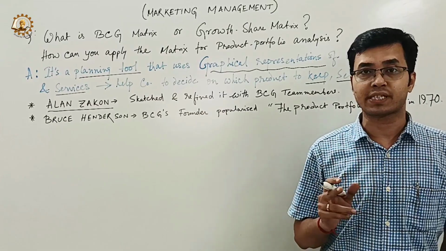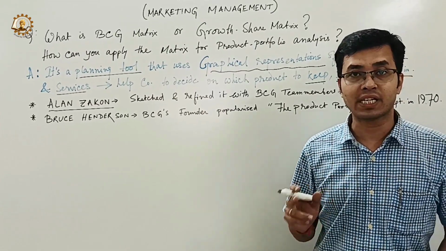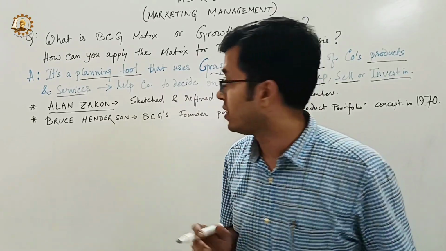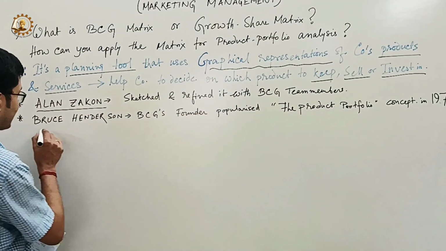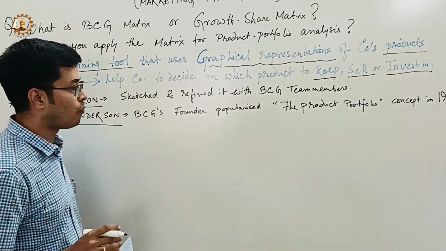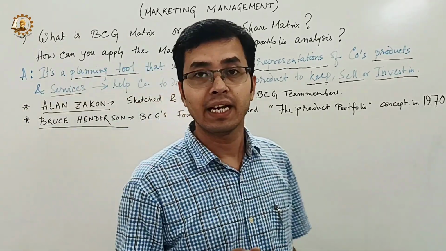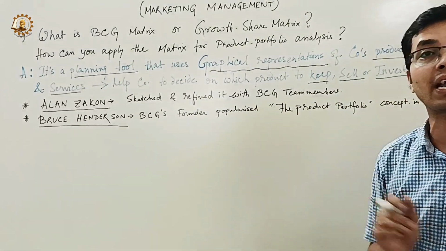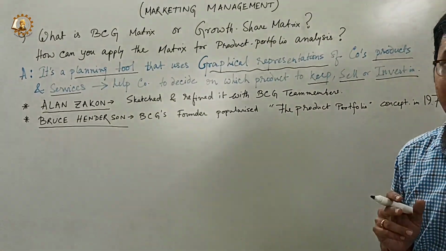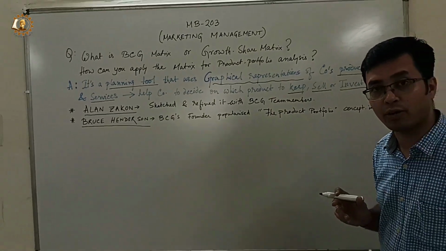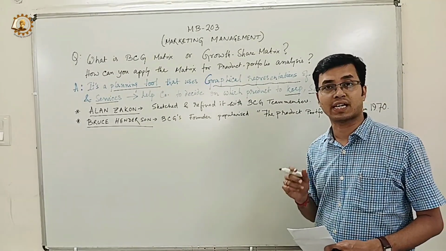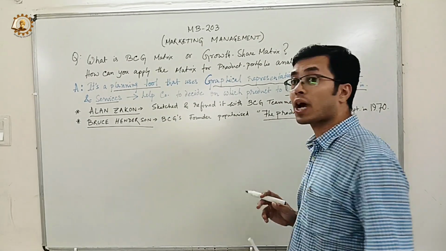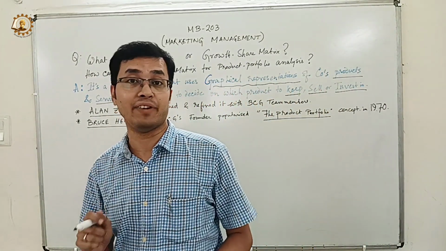Another person who comes into the picture is the founder of BCG. BCG stands for Boston Consulting Group. The founder is Bruce Anderson. What is his contribution? This founder of BCG, Bruce Anderson, popularized the concept of BCG. There was a specific publication under Boston Consulting Group, and he popularized the concept of the product portfolio in the year 1970.